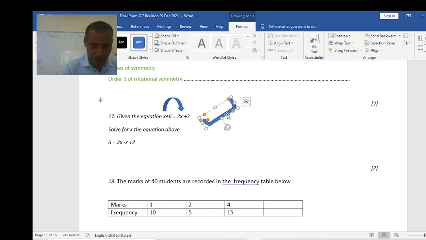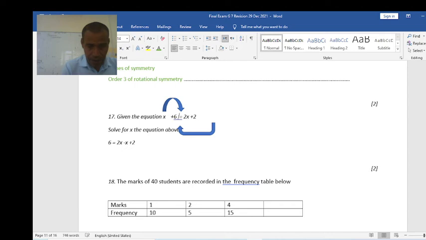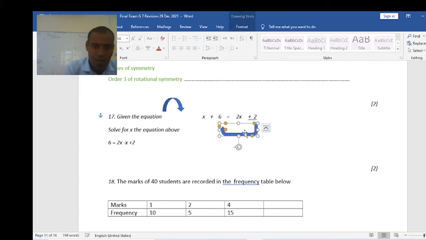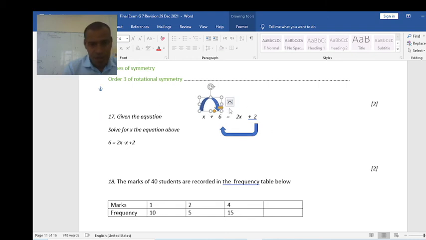Okay. And this one, learners. I'll make like that. Okay, these two. I need space. These two, my learners, I will transfer to the left hand side, and this x I want to transfer there.